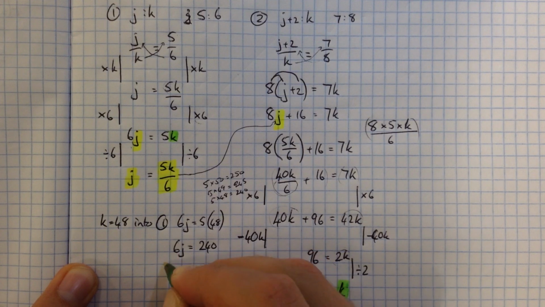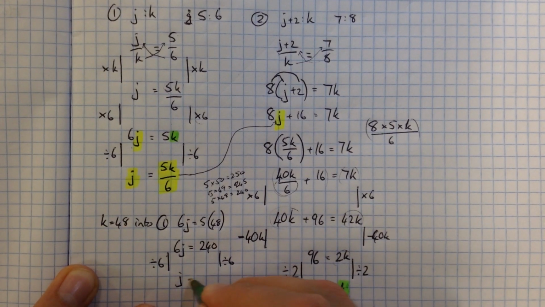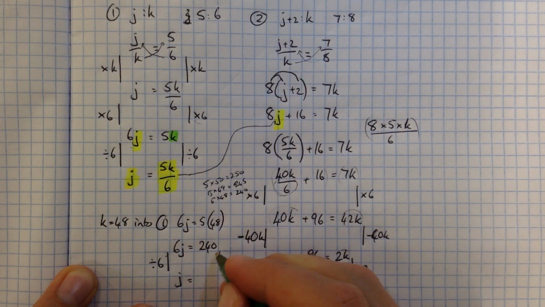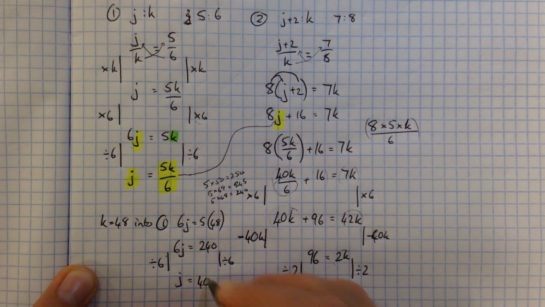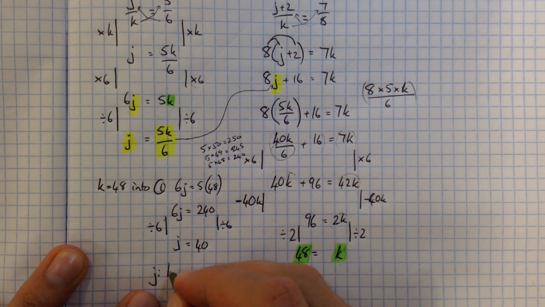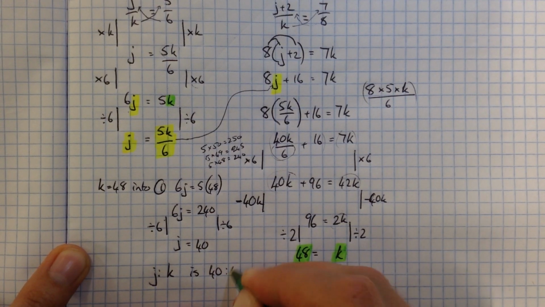J is not alone. I need to get rid of the times 6 with the divide by 6. J is equal to 240 divided by 6, which would be 40. Therefore, J to K is 40 to 48.